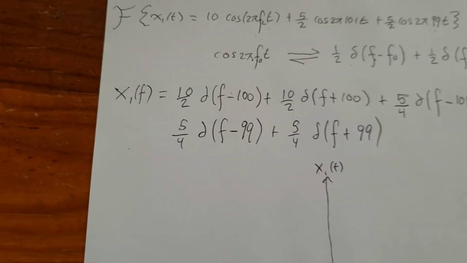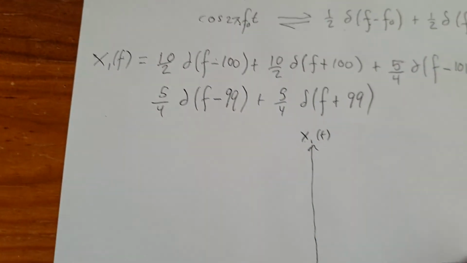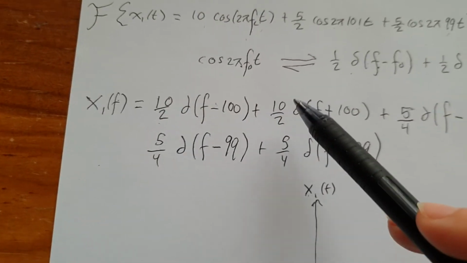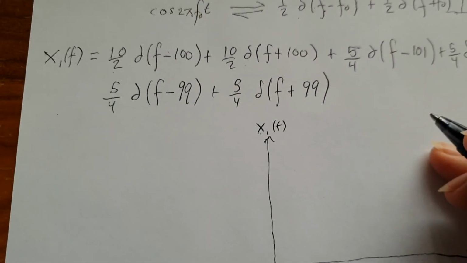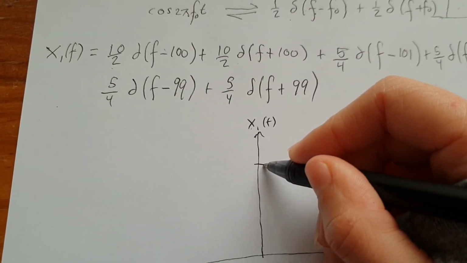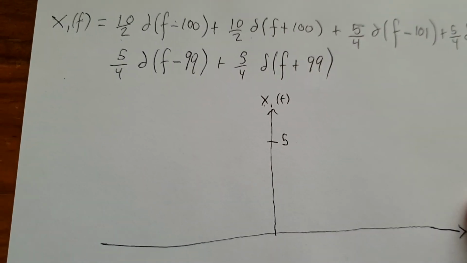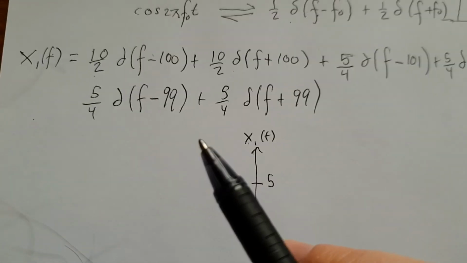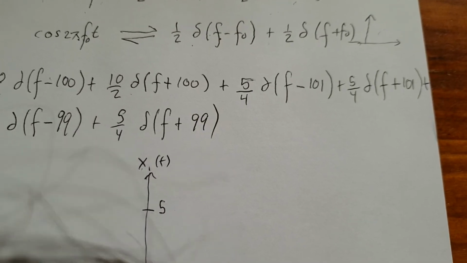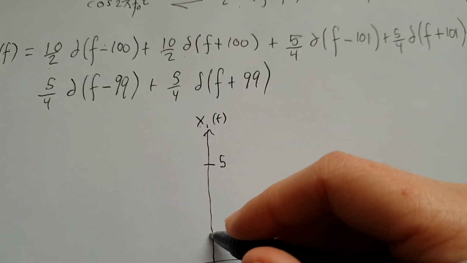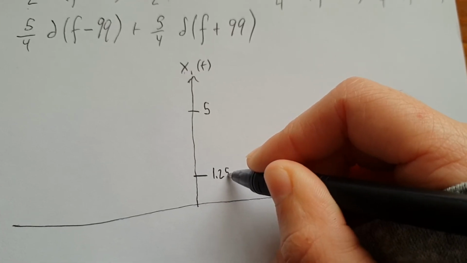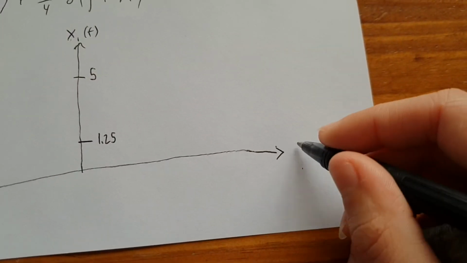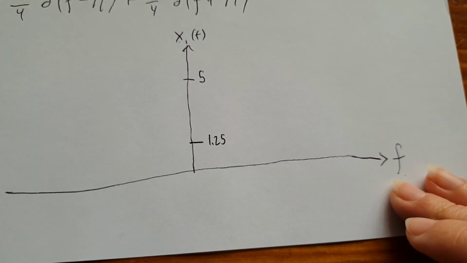So the coefficients in front of all the delta signs are our amplitude. So 10 on 2 is 5, and 5 on 4 is 1.25. So let's put that somewhere around here, 1.25. And then put f here as our frequency.